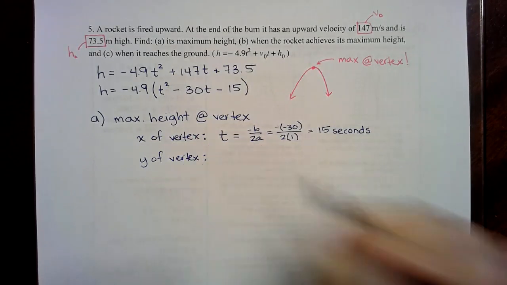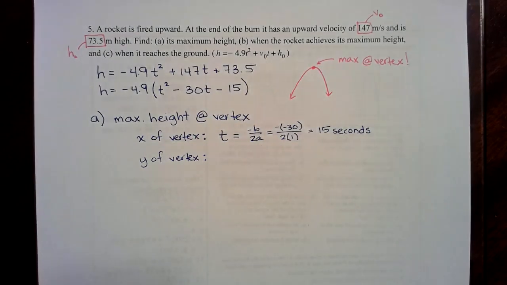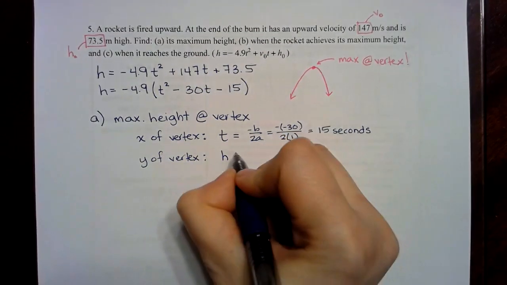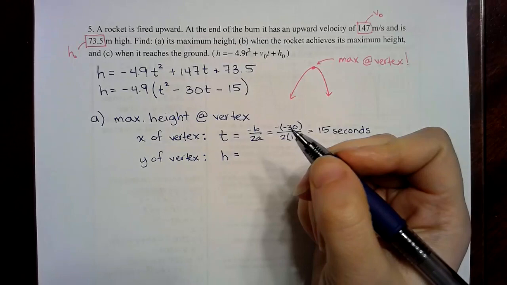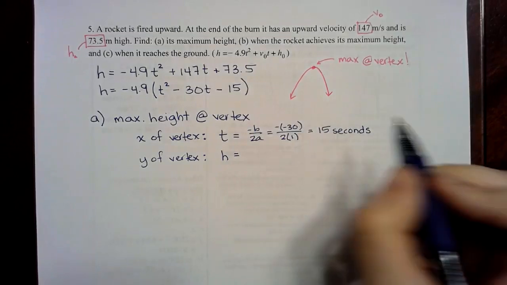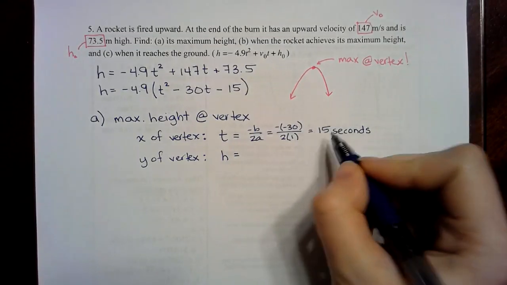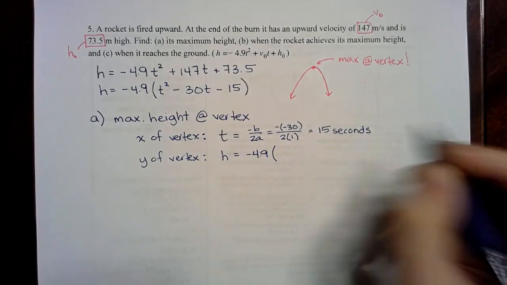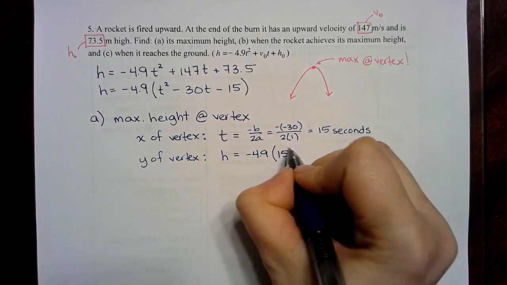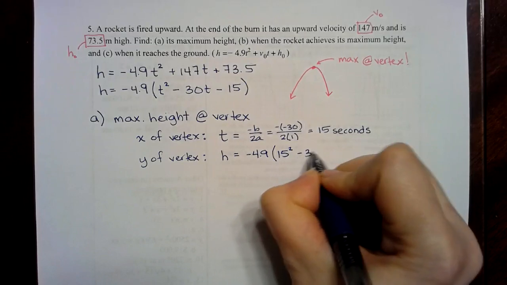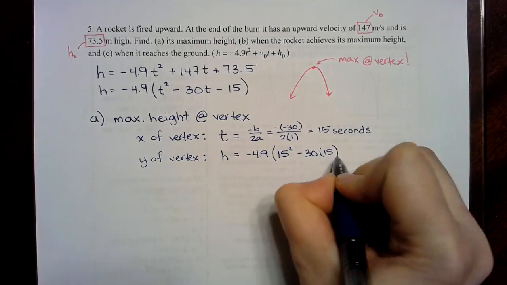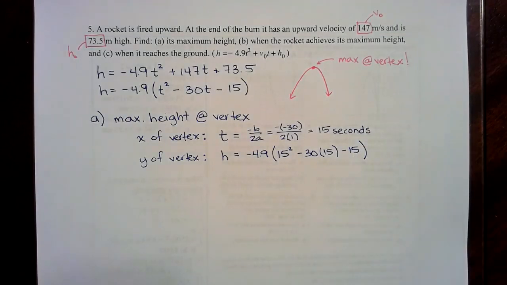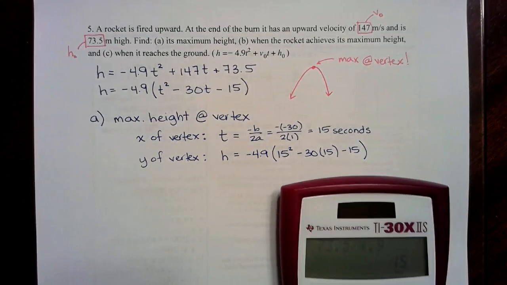Now let's find the y value of my vertex. And again, I don't have y, I really have h. And my h value is going to be whatever I get when I plug in 15. So I'll plug in 15 squared minus 30 times 15 minus 15. Calculator time.